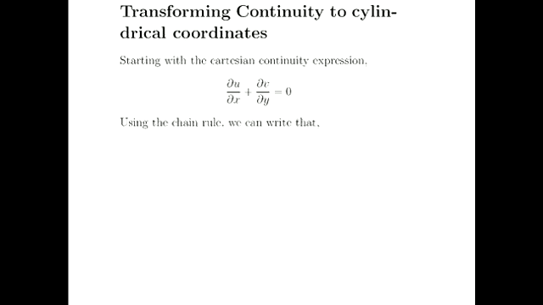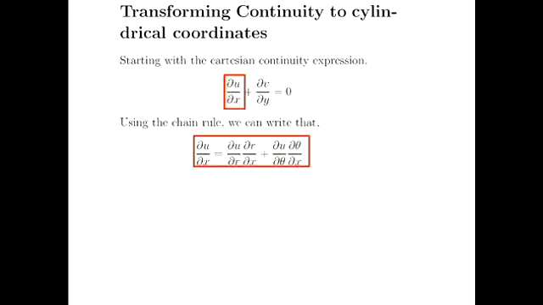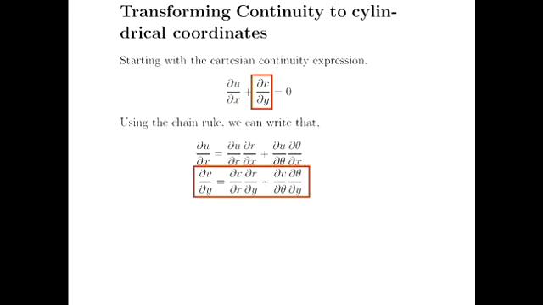So using the chain rule, I can write that du/dx is just equal to du/dr dr/dx plus du/d theta d theta/dx. And likewise, I can write that dv/dy is just equal to dv/dr dr/dy plus dv/d theta d theta/dy. It sounds like the most boring song you've ever heard, okay?